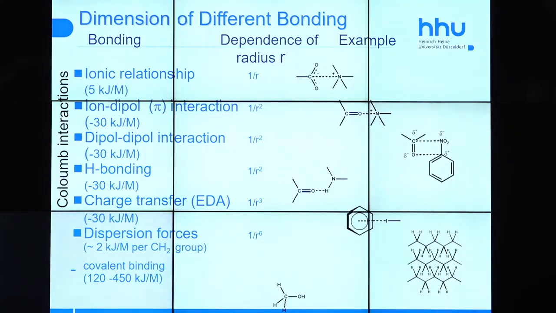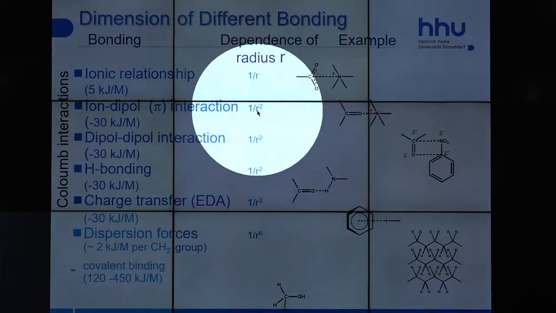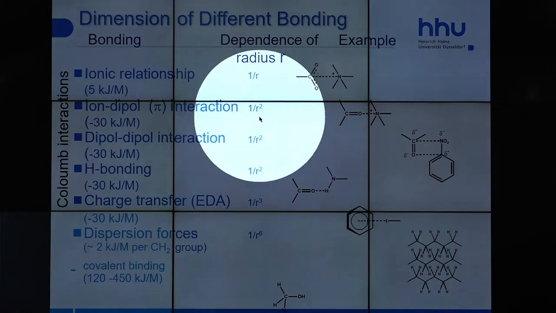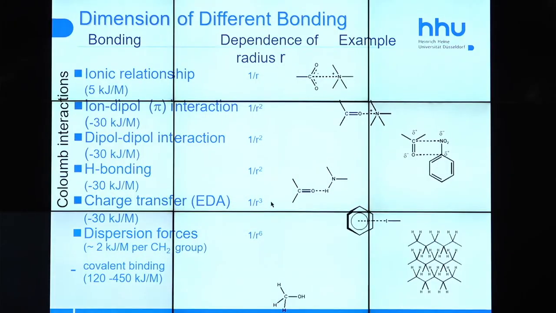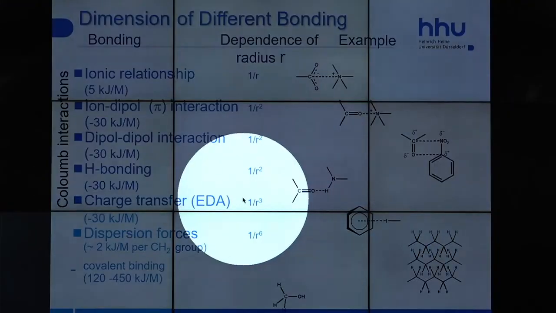So nothing more, but very specific in the different interactions. Then you can see that is medium distance. Medium distance means 1 through the radius to the square, or to the power of 3 in this way. So there are different possibilities in which way you can go for the different structures.